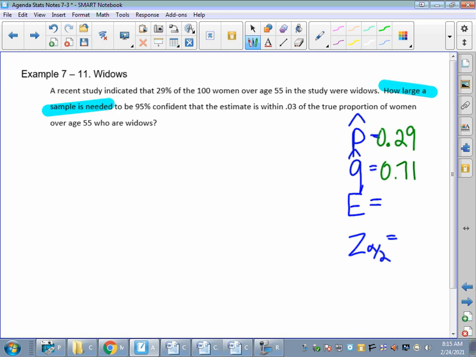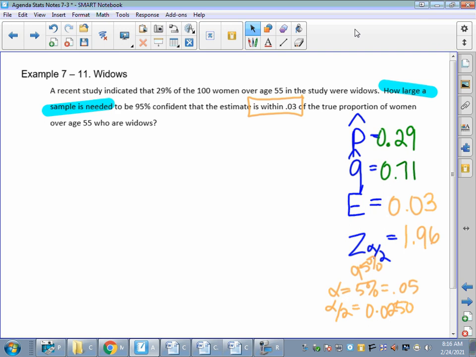Our margin of error, I see my red flag word here, within 0.03 or within 3%. So 0.03. And 95% confidence level for my critical Z value. So alpha is equal to 5% or 0.05, so alpha over 2 is equal to 0.0250. I go into my Z table, and I believe that my Z value will be 1.96.